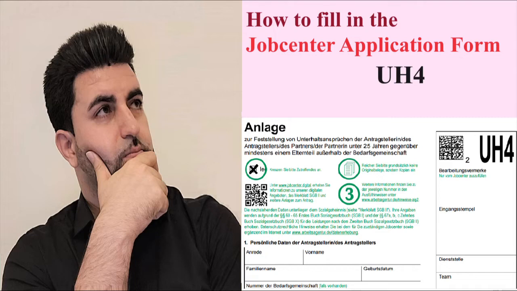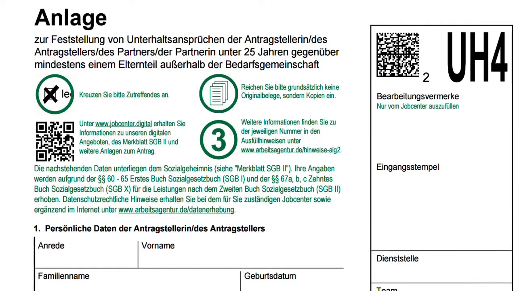Today I would like to explain for you how you can fill in the attachment UH4 of the main application of Jobcenter. UH4 is the abbreviation for Unterhalt for, which in English means maintenance for. It is called maintenance for because it is the fourth attachment of the main application of Jobcenter about the maintenance or the living expenses.